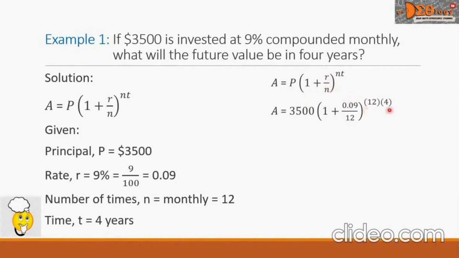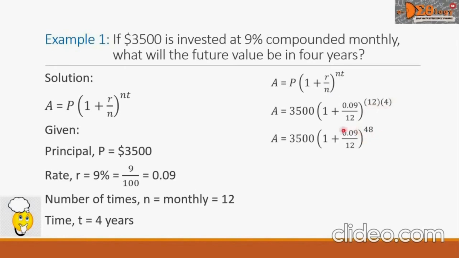The exponent, and that is a product, N times T. Our N is 12 and T is 4. Let us simplify further. First, let us get the product of 12 and 4, and we will get 48.